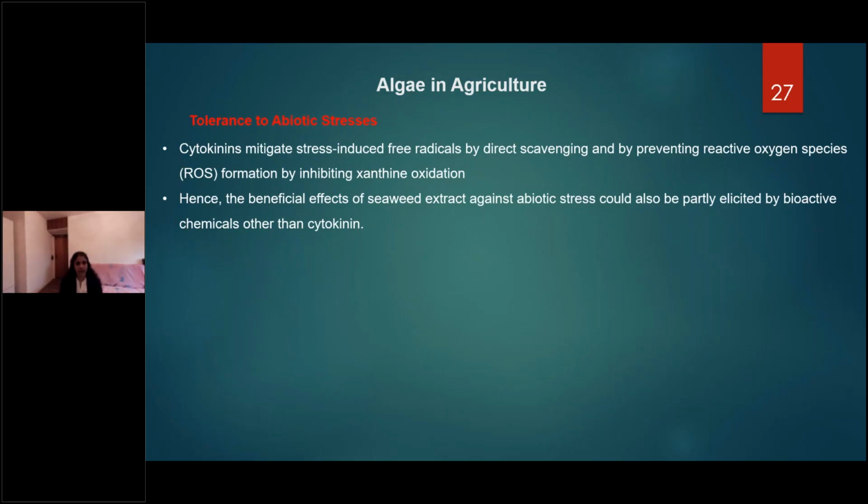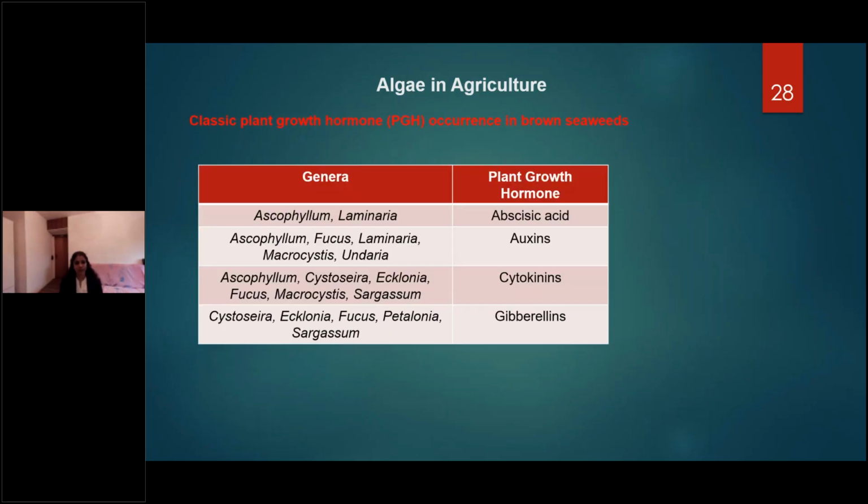So these are the genera which have plant growth hormones: Ascophyllum and Laminaria have abscisic acid; Ascophyllum, Fucus, Laminaria, Macrocystis and Undaria have auxins. Here I would like to point out one thing: Undaria has a small quantity of auxins compared to Ascophyllum, Fucus, Laminaria and Macrocystis.